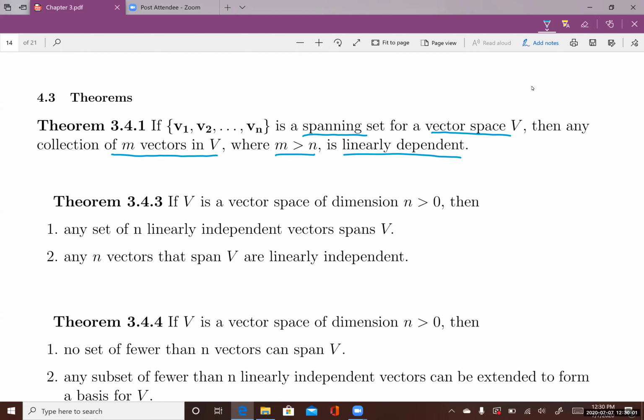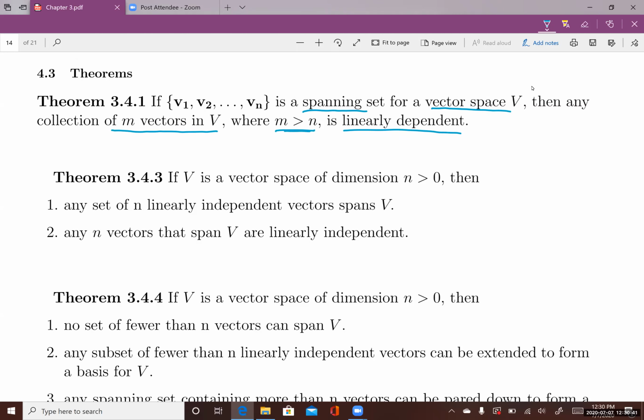So if vector space V only needs n vectors to span the entire space, then any set of m vectors where m is bigger than n has more vectors than you need to span, and that set will be linearly dependent. So you can remove one or more vectors from the set so that the remaining set still spans the vector space.